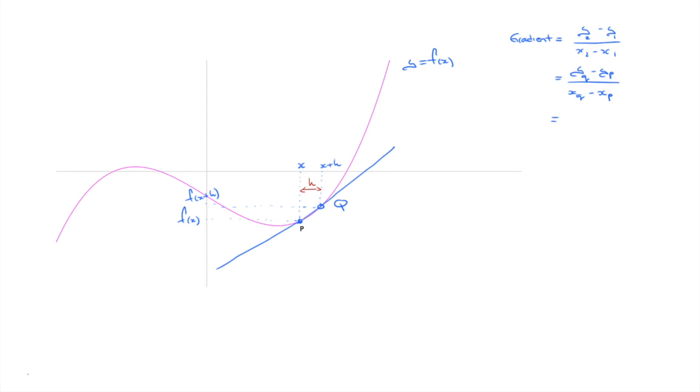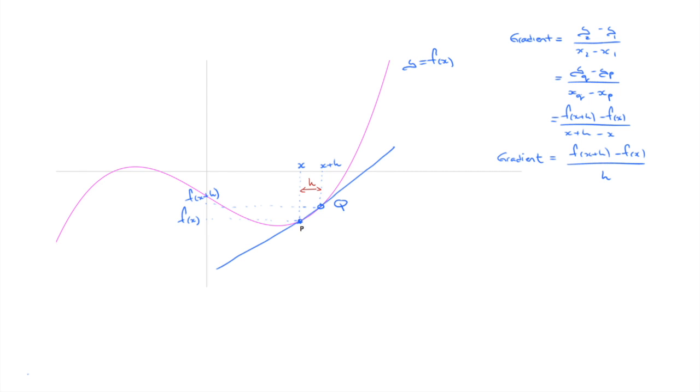And as we've just seen, those points have coordinates x, f of x and x plus h, f of x plus h. So that would be f of x plus h minus f of x over x plus h minus x. And that leads us to f of x plus h minus f of x over h. That's the gradient of that line.